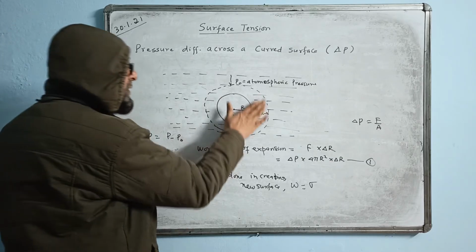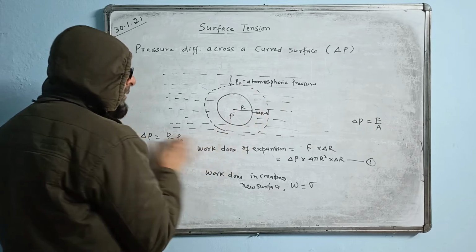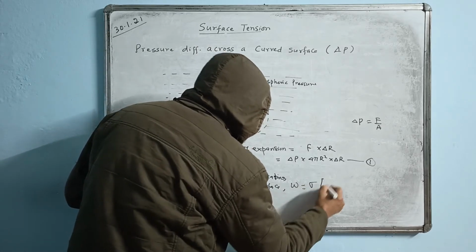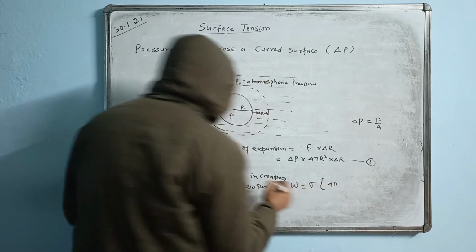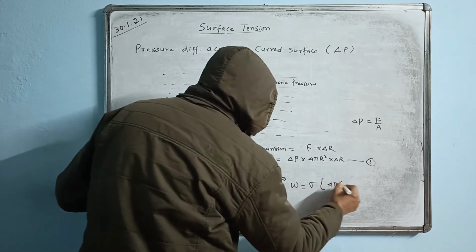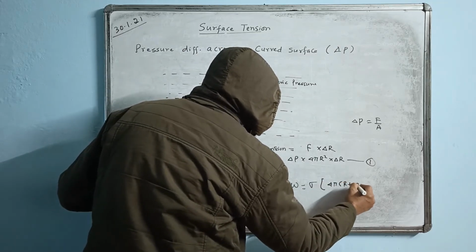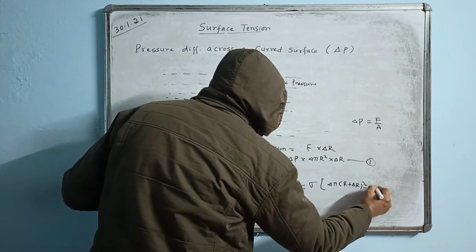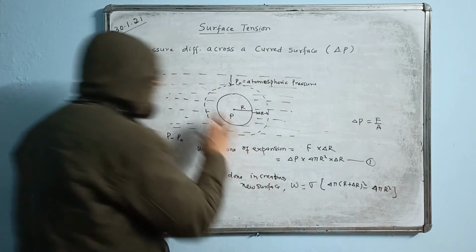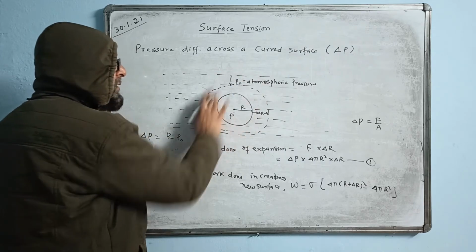Area will be 4 pi, bigger one minus the smaller one: 4 pi (r plus delta r) whole square minus 4 pi r square.